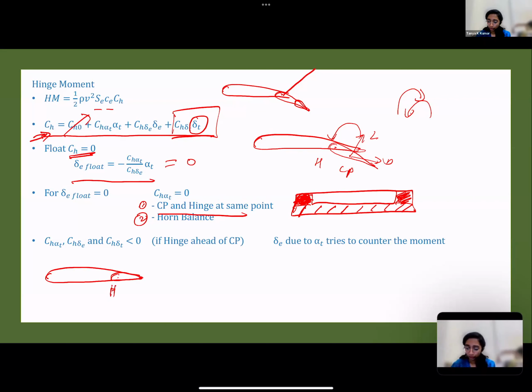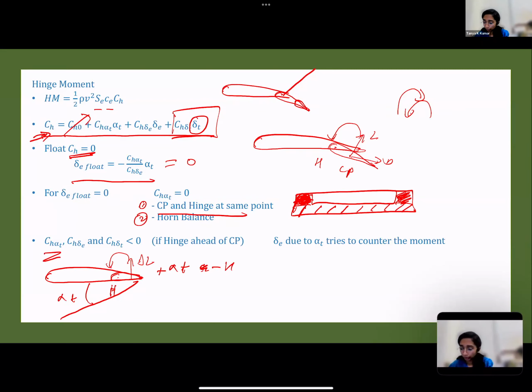If you have a change in angle of attack, alpha tail, it increases the forces here. There's a delta L, which produces a nose down, anti-clockwise moment at the hinge. So positive alpha tail gives you negative hinge moment. Your CH alpha tail is negative.